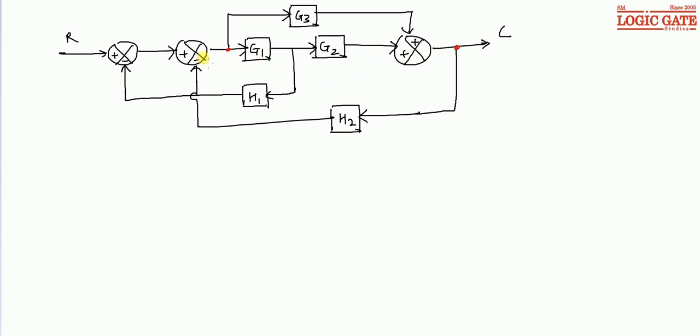So in such situations we won't take two different nodes, because this takeoff point is taken at the output of mixer. So instead of drawing like this, we can draw it like this also.